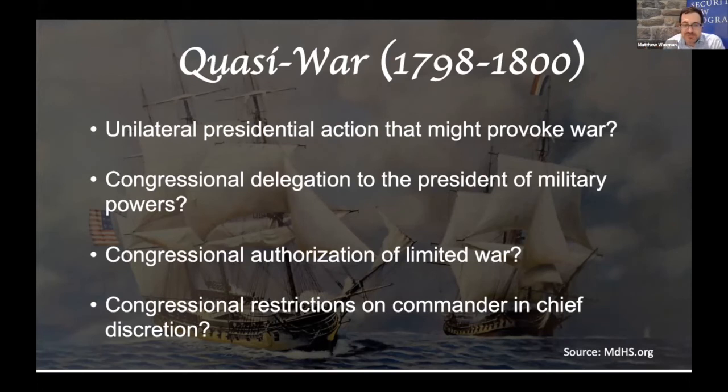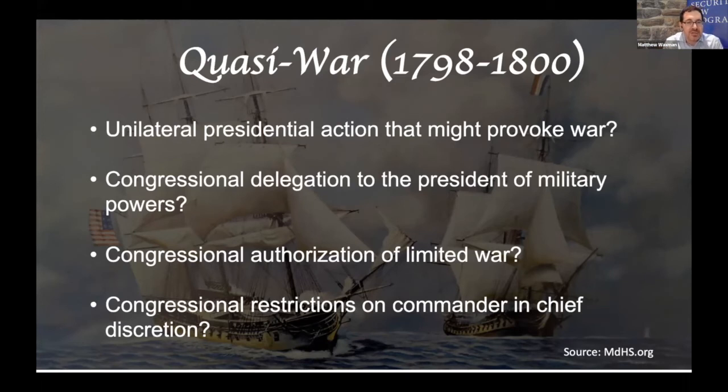This gets resolved in practice during the opening phases of the quasi-war with a bit of a compromise: what Congress ultimately passes is some conditional delegation to the president, where he's authorized to expand the Army and the Navy, but only under certain very narrow conditions laid out by Congress. Over time, by the way, Congress ends up delegating a lot of military powers to the president.